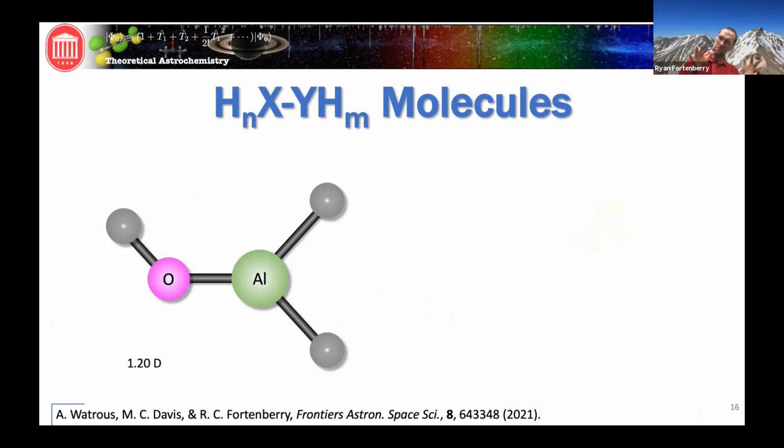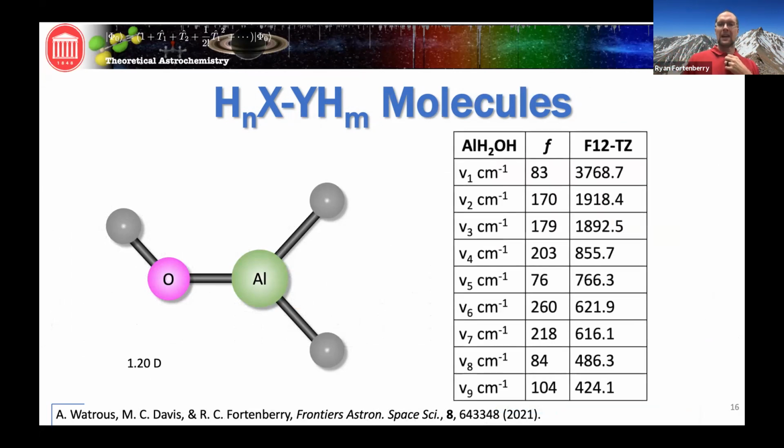It has a mediocre dipole moment, about that of water, 1.2 Debye. And it has some really bright modes. The brightest vibrational fundamentals typically correspond to those hydrogen bonds on the aluminum. And again, these are in the mid-far IR.